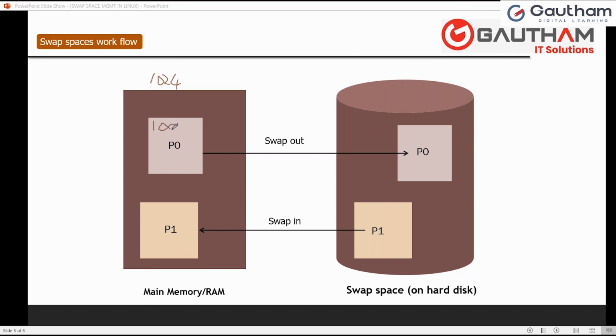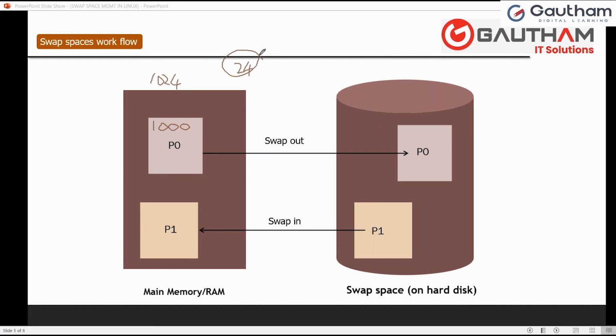There are many processes sitting inside the RAM, and they occupy around 1000 MB of capacity. Out of 1024 MB, if 1000 MB is gone, how much are you left with? We are left with just 24 MB, right? So you only have 24 MB of RAM space available.